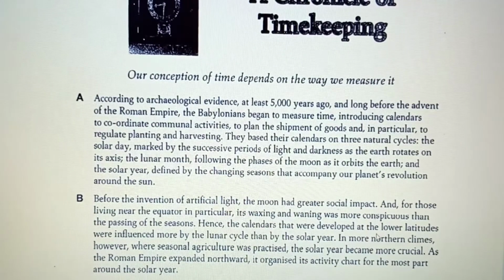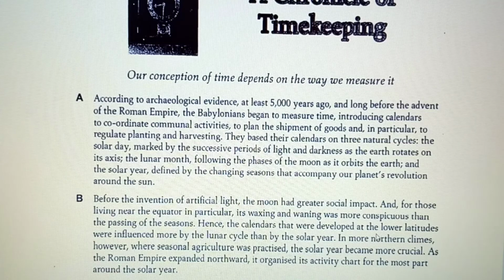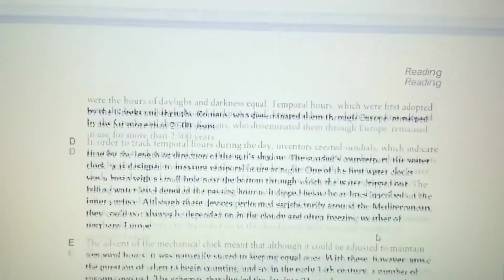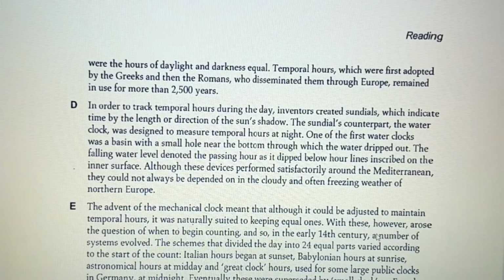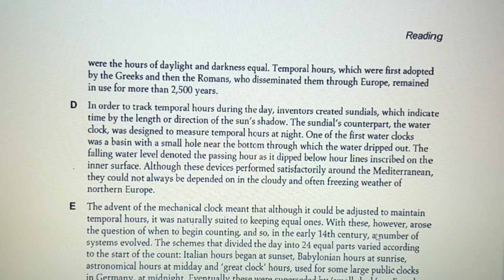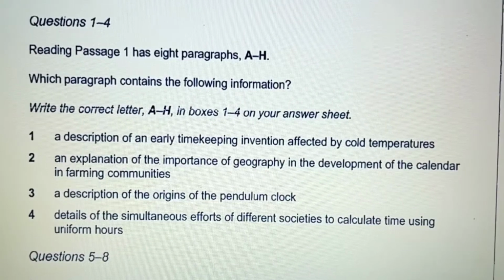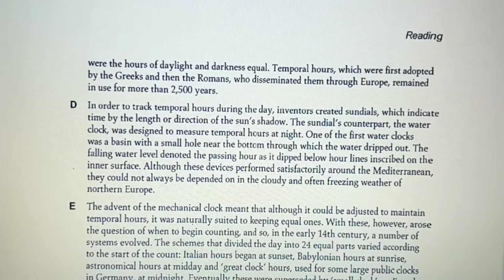Now you read on again, and another place where you can identify an answer, just trying to be fast, is paragraph D. It says that in order to track this, and paragraph D actually addresses question 1: a description of an early timekeeping invention affected by cold temperatures. If you keep reading, you find out about cold temperature.